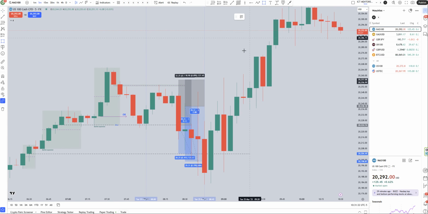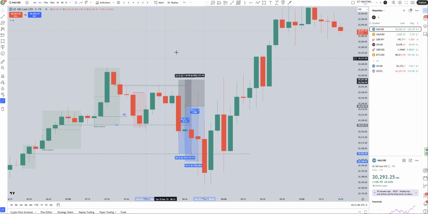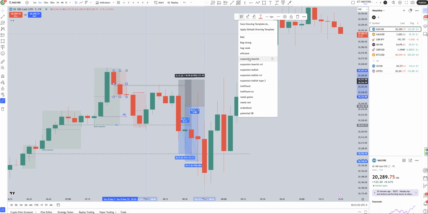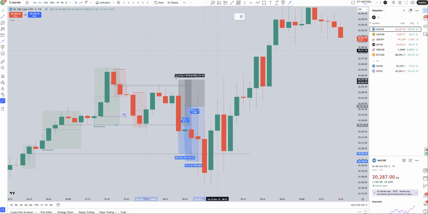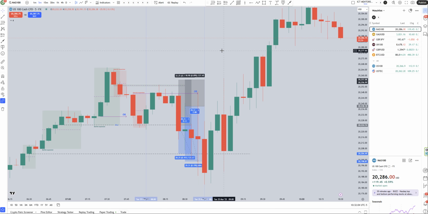So on the M5, we also had this. So this was a bearish expansion and a bearish expansion that ended here. Bearish expansion. And this top candle was an OB, right?